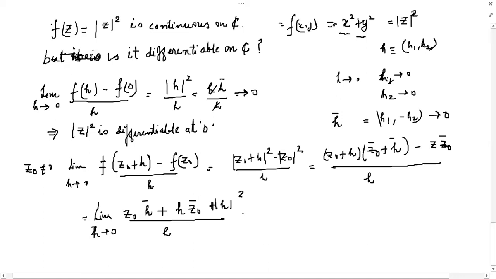And now after all, you will get this as equals to z naught bar plus z naught times h bar divided by h, plus simply h bar.